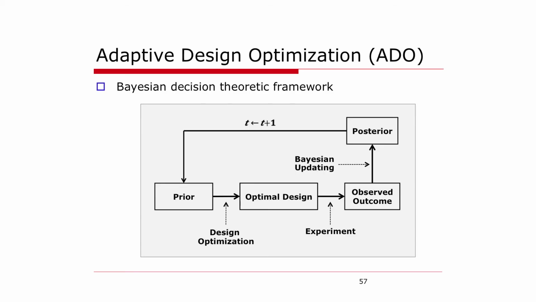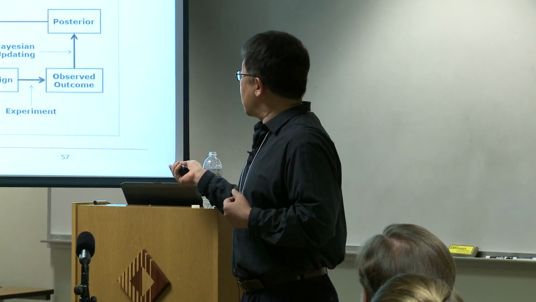And then this is the flow chart: once you observe the data, that provides information about the underlying models and parameter values, so you update. You start with the priors, the parameter priors and model priors, and then you apply this computational algorithm and pick the one that maximizes the utility value, and that will be the optimal design.